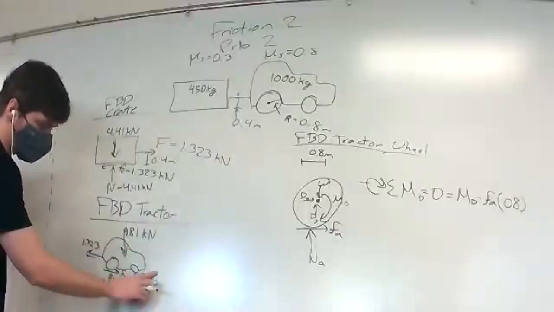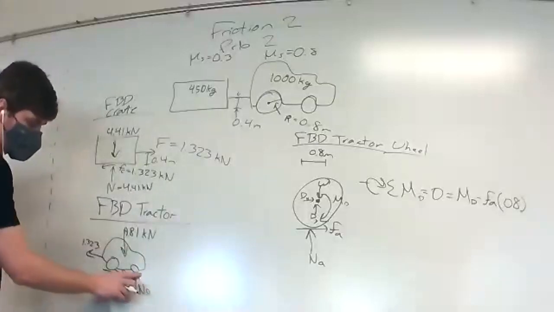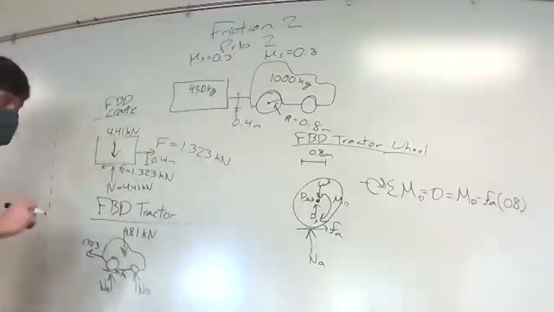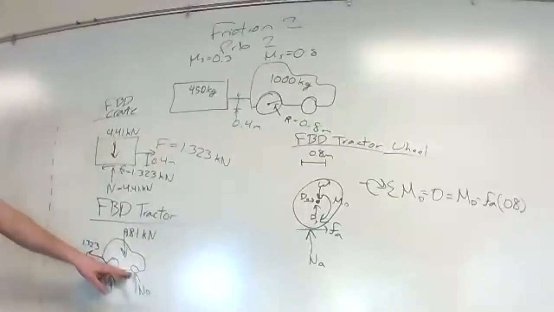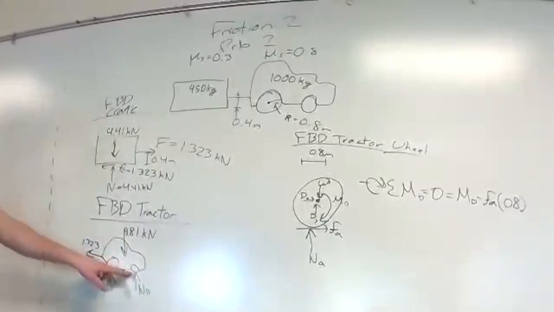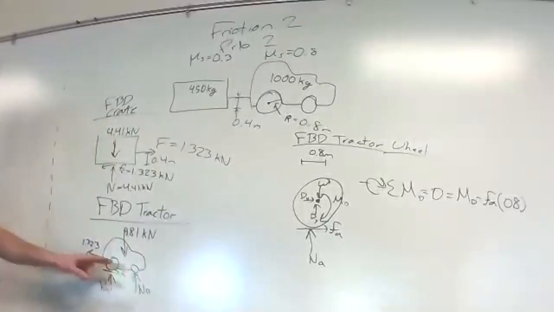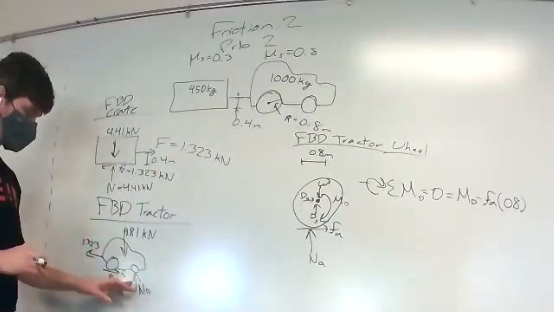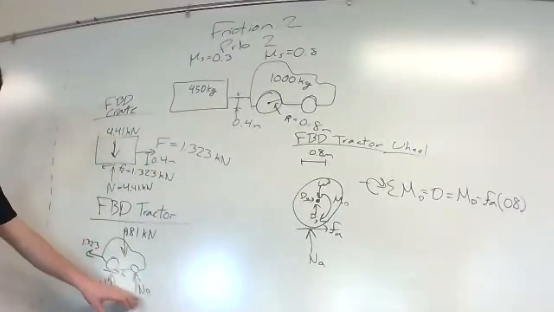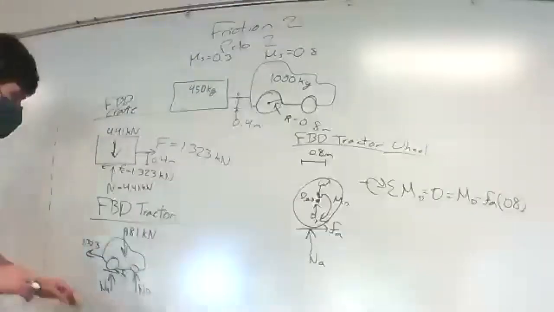Sorry, they don't have an FB because, yes, because freely moving. Exactly. This tire here in the front is not receiving any engine power, basically, because the problem specifically says, what force must the tractor exert on the back wheel in order to generate the torque? So there's no FB, but there is NB.